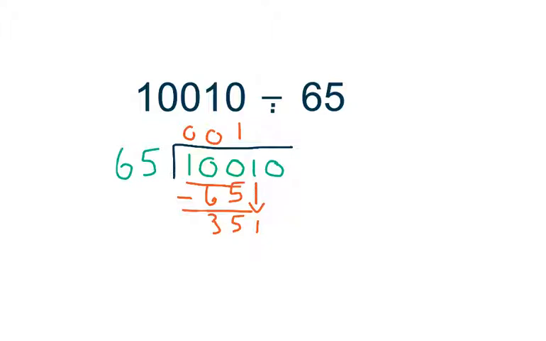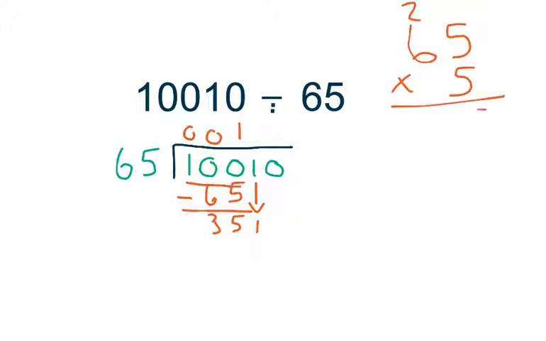One way is I could skip count by 65s, see how far that gets me. I can also guess and check. For example, I know that 65 multiplied by 10 is 650. So I'm going to guess that 65 can fit into 351 5 times. And I'm going to see how far or how close that guess gets me.